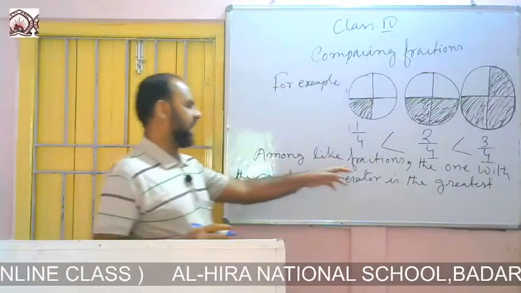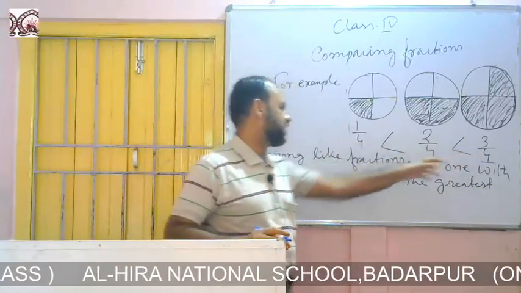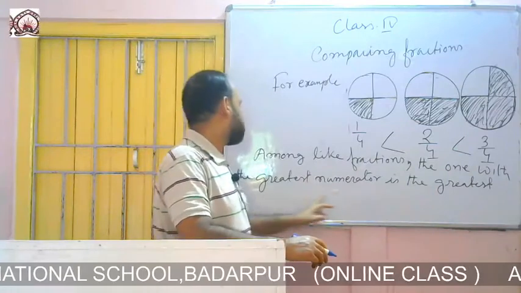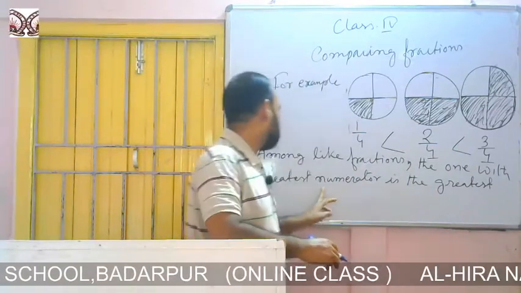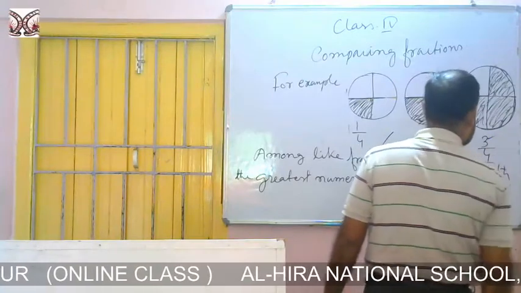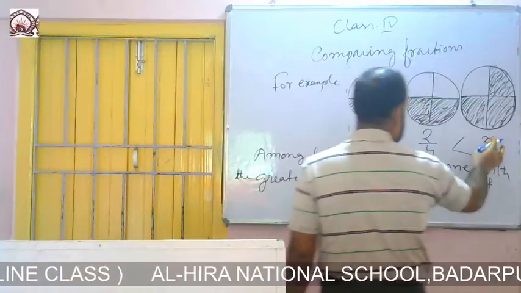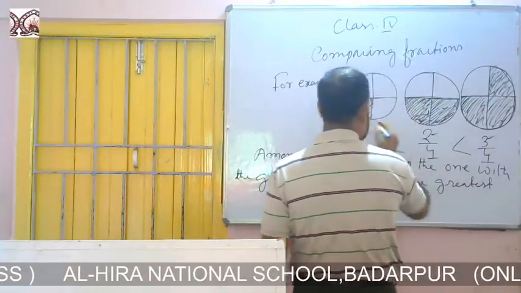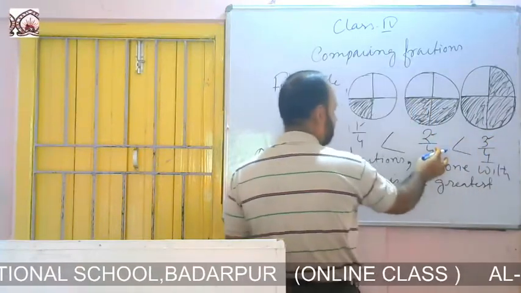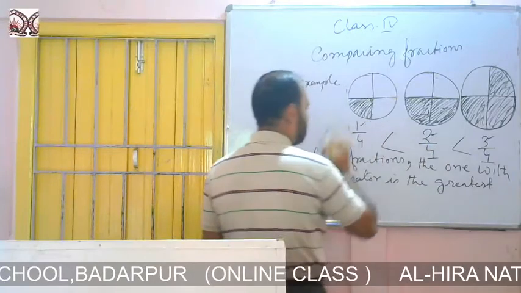So these three fractions are like fractions. The one with the greatest numerator is the greatest. So here we get 3 is the greatest numerator, then 2, then 1. So 3 by 4 is big, then 2 by 4, then 1 by 4.